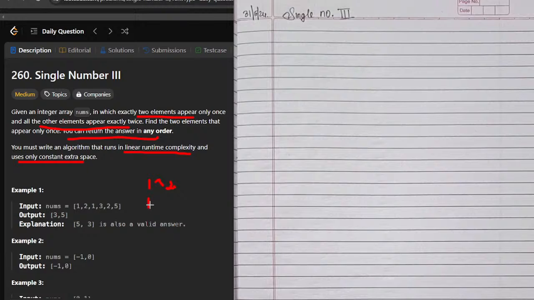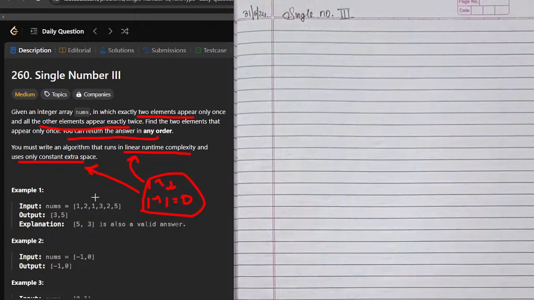But we know that one XOR one will always give us zero. So that is our logic. This will help us in attaining linear time complexity. Constant space will be our byproduct.